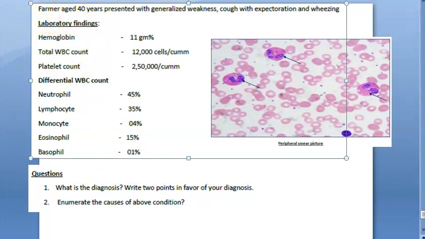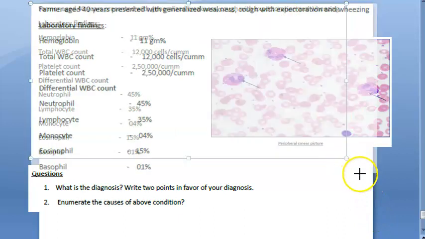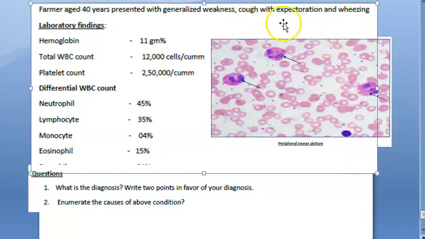A farmer, aged 40 years, presented with generalized weakness, cough, expectoration and wheezing. Hemoglobin is 11, borderline anemic. WBC count is slightly high.